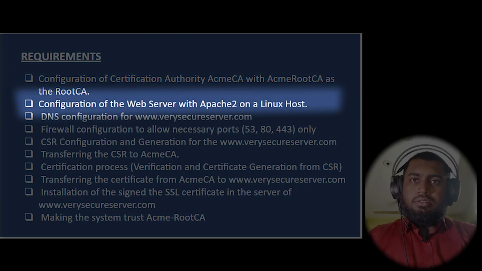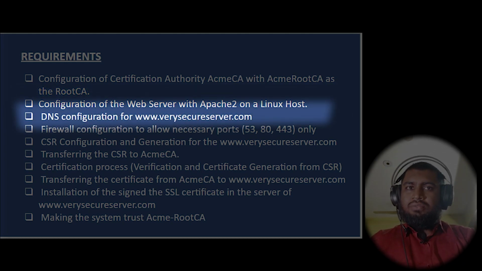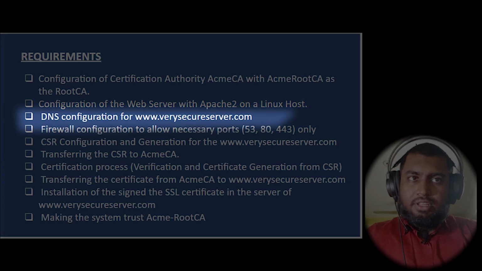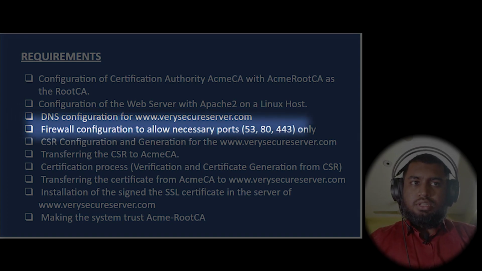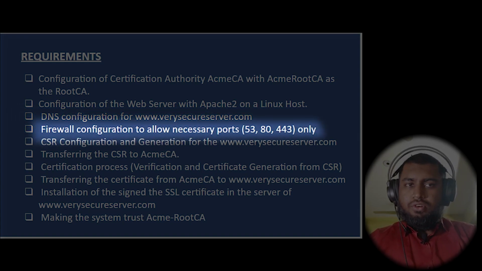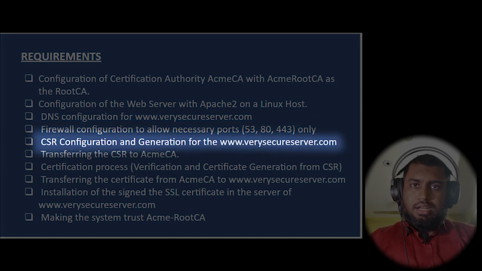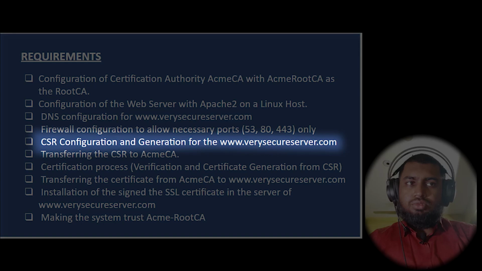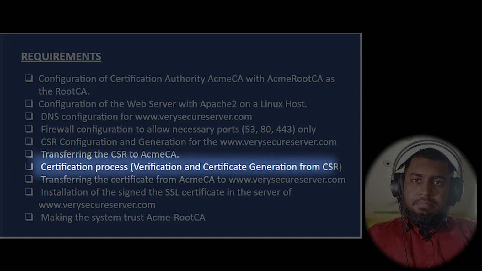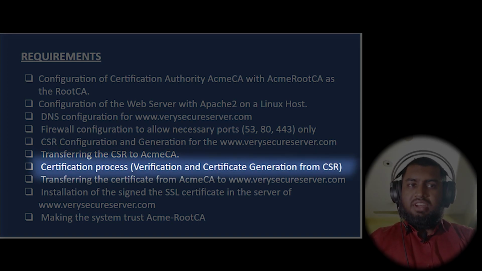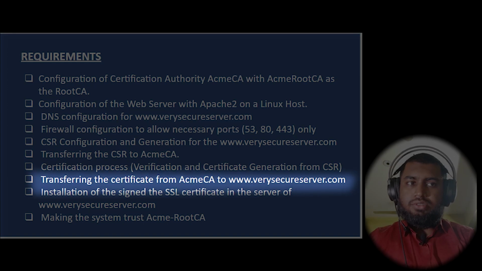Then we configure the web server with Apache 2 on a Linux host, DNS configuration for www.verysecureserver.com, and firewall configuration to allow only the necessary ports 53, 80, and 443. Next is CSR configuration and generation for the same website, and transferring the CSR to ACME CA for the certification process, that is verification and certificate generation from the CSR.